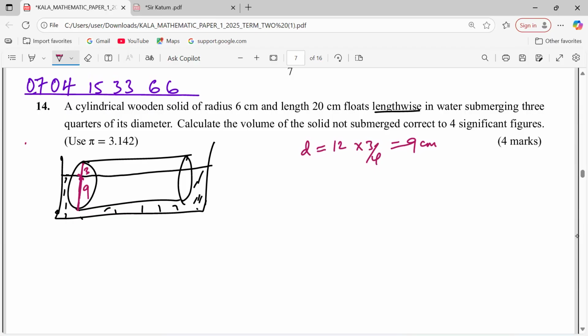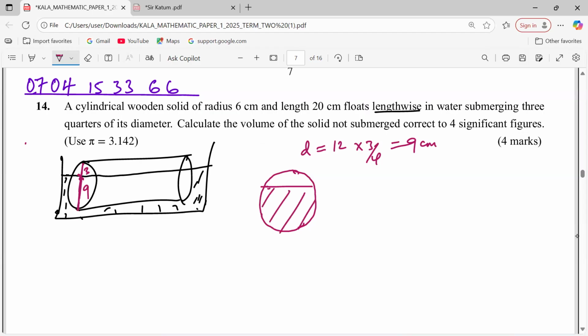Then now we are supposed to talk about area of cross-section. What amount of this area has not been submerged? So let me deal with the circle now. The circular part, whereby what we know from this is that this part is inside the water.